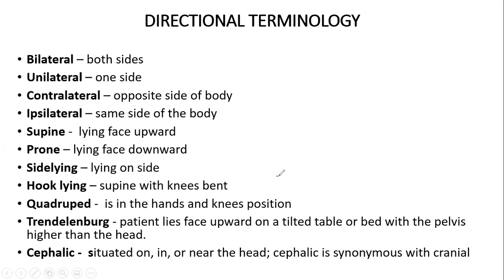So if this was the table, the head would be here. Please, I apologize for my drawings. I am definitely not an artist. And let's say the pelvis was this area here. This is where the pelvis is higher than the head, the Trendelenburg position.